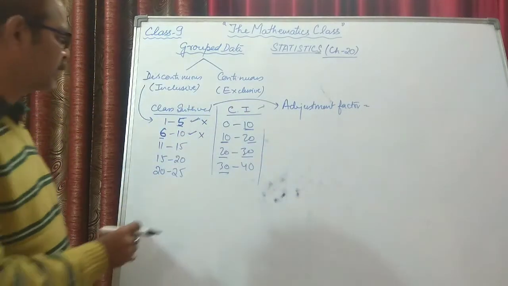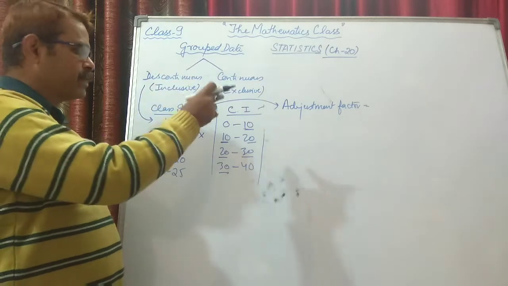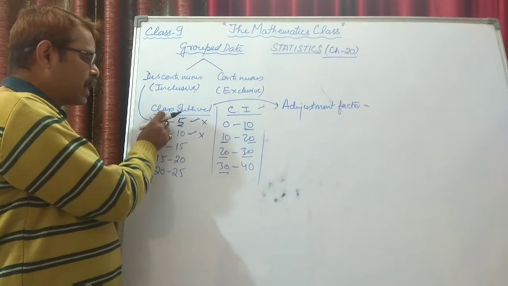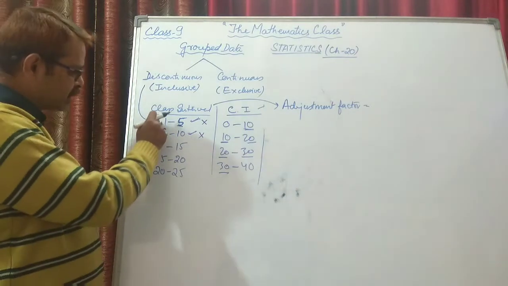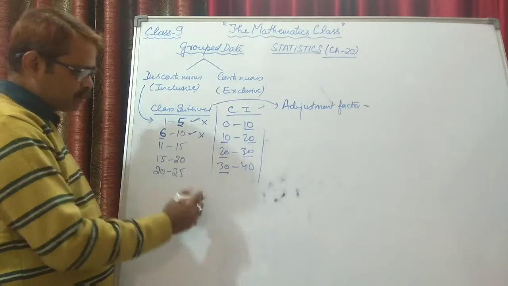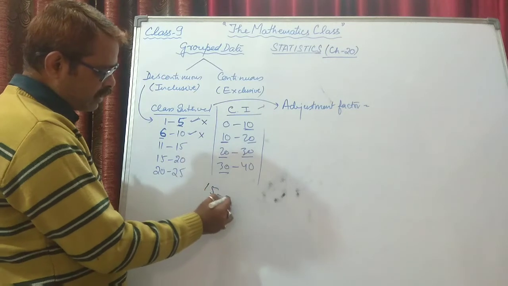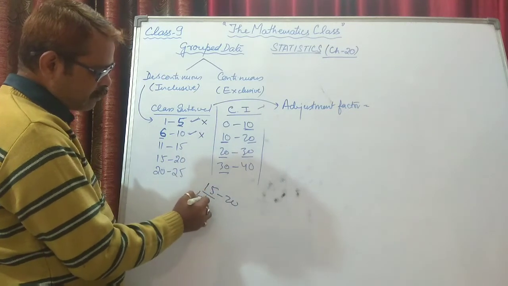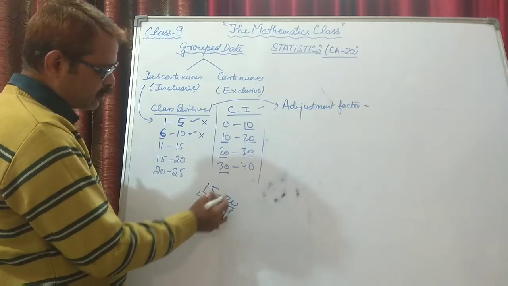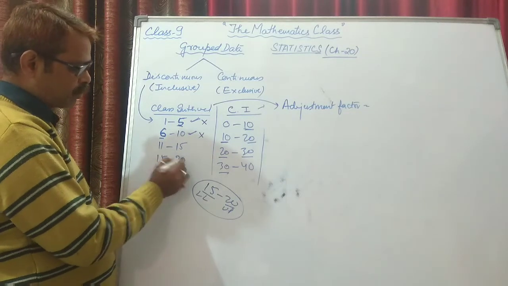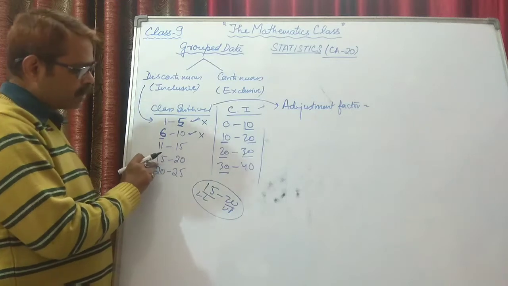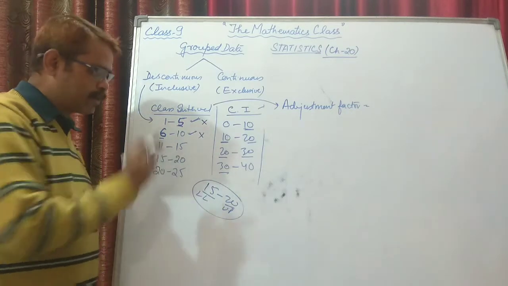That adjustment factor is subtracted from all the lower limits and added to all the upper limits. Suppose I say 15 to 20. So 15 is the lower limit and 20 is the upper limit of that particular class.